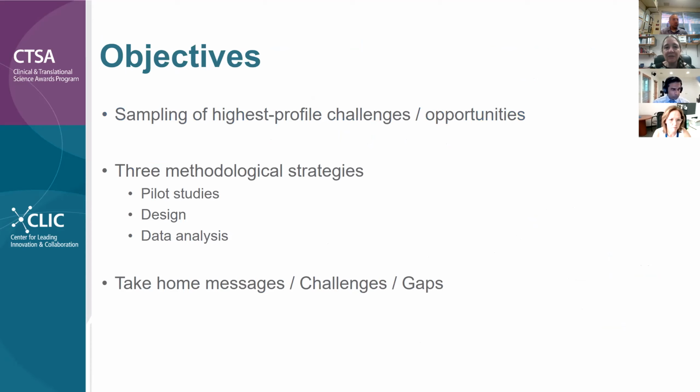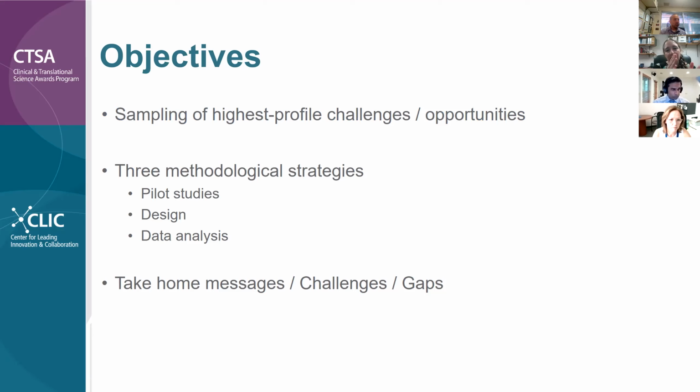Okay, so for the rest of this talk, I want to provide just a sampling of the highest profile challenges and opportunities to address older adult inclusion in studies by thoughtful study design or application of statistical methods.